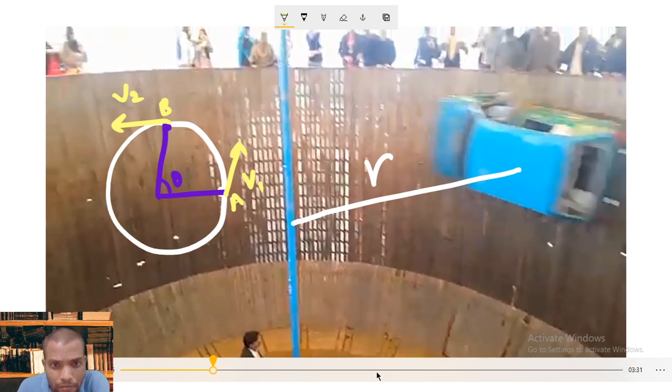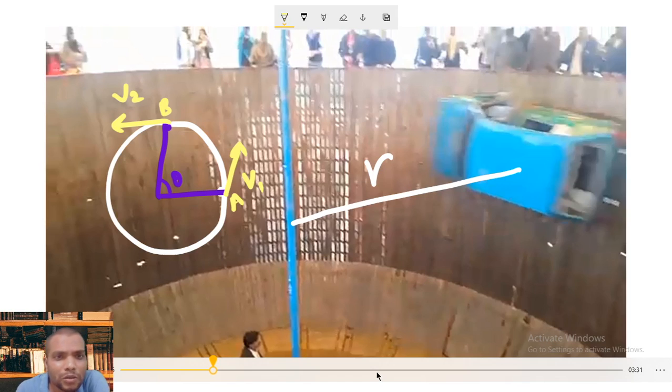Be careful, because even though it's uniform circular motion, the velocity magnitude might be the same, but the direction is different. That's the reason I represented v1 and v2. I could have written v and v itself, but I mentioned v1 and v2 because in circular motion the magnitude of velocity may be the same, but the direction changes.